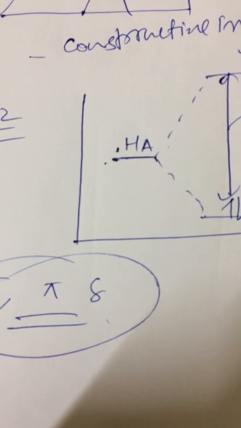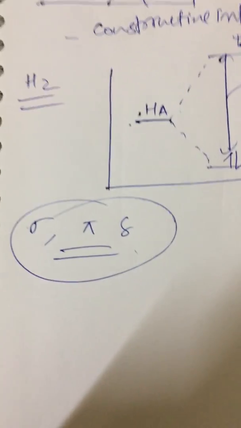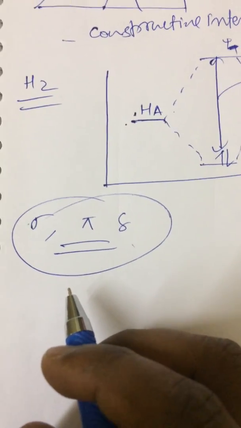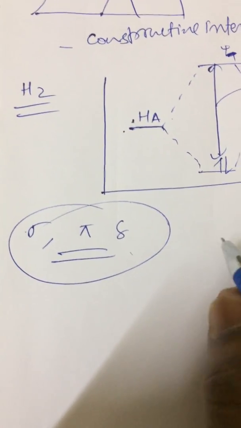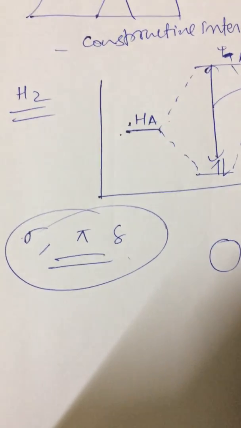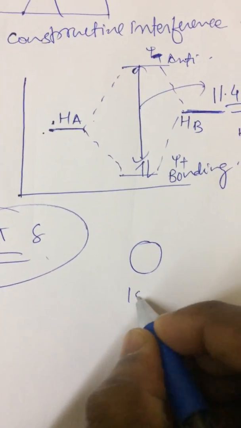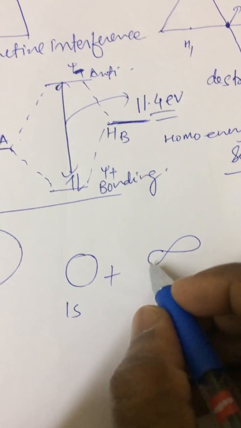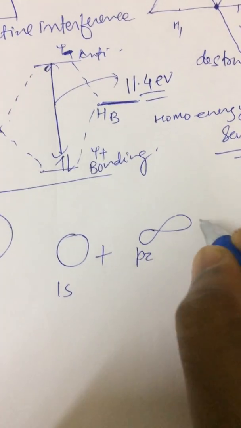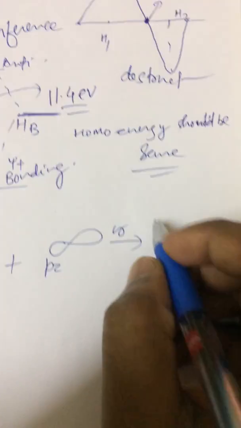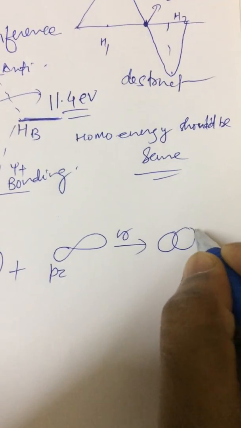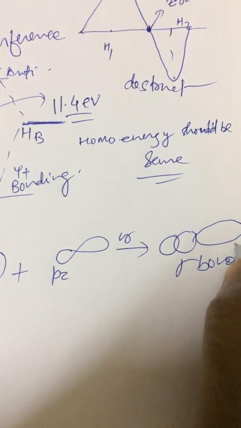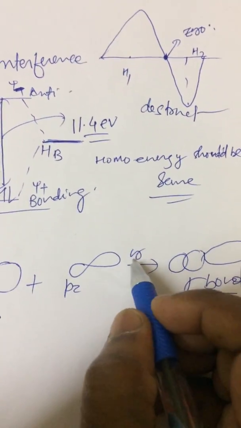And one thing here I will tell you, the sigma means 1s orbitals, and this pz overlapping forms the sigma bond.